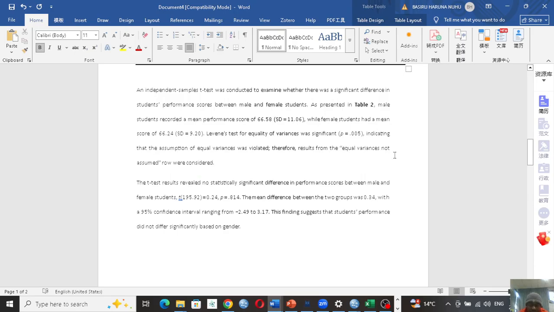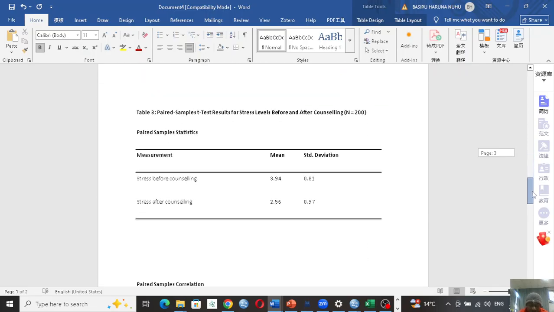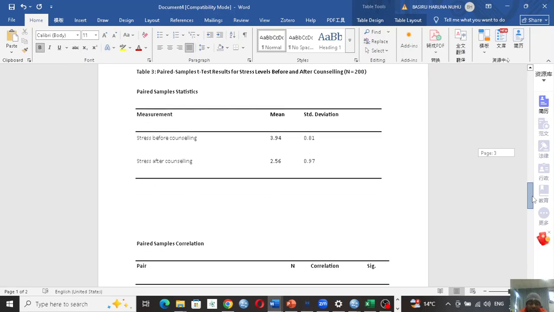Now let's move to the next one. Paired sample t-test, that is of students' stress level before and after the introduction of the counseling. Now, before the arrival of the counselor, this was their mean stress, and then after the arrival of the counselor, this is their mean stress.